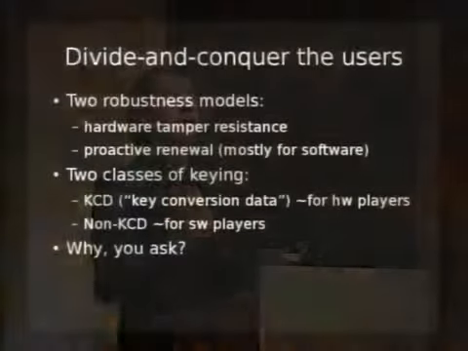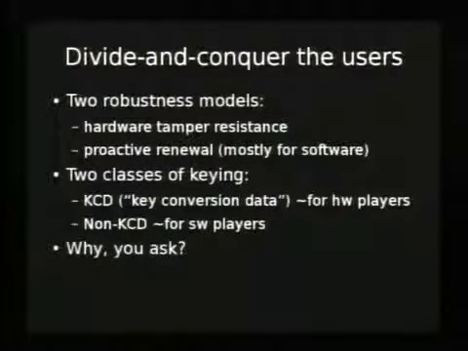And likewise, if someone makes a hardware player that has internet connectivity, and so it can be renewed, the vendor can push updates to that device, then they might decide to use the software security model. But these two models basically partition all AACS players into two groups.